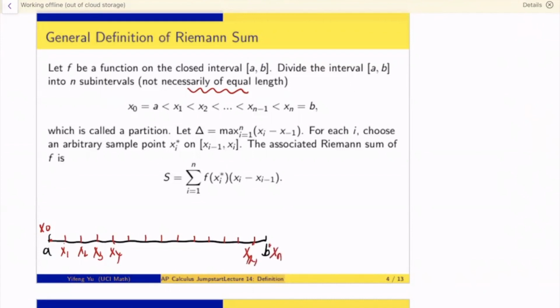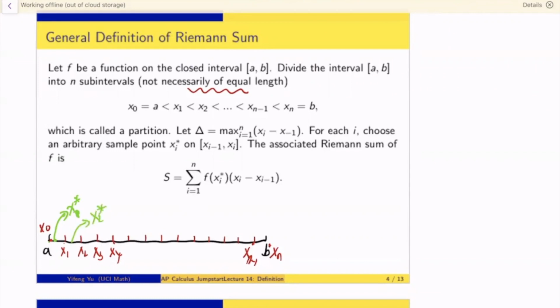Now we say, okay, within each interval, we choose a sample point. It just means you can choose any point that is within that interval.